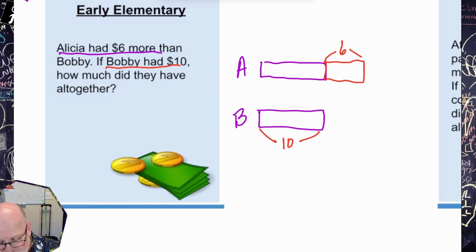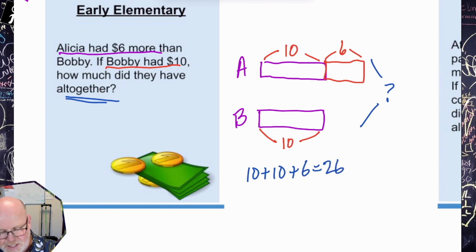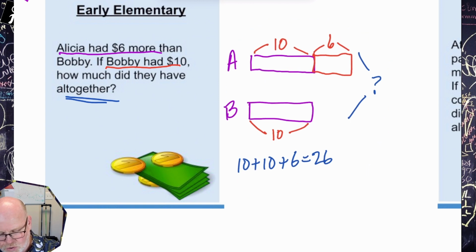Because I started with both having the same amount, this is also 10. How much did they have all together? That's this thing right here. I can see that 10 plus 10 plus 6 gives me 26. So that is how much money they had all together.